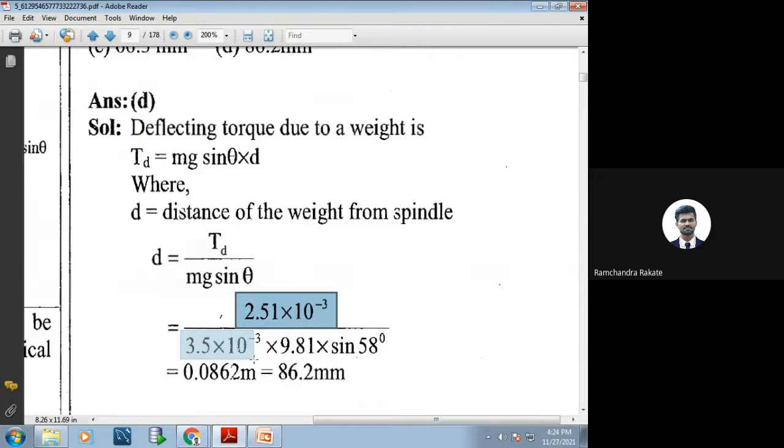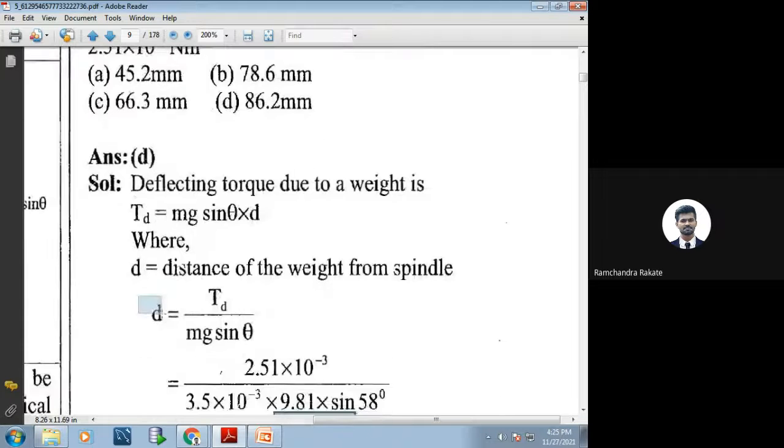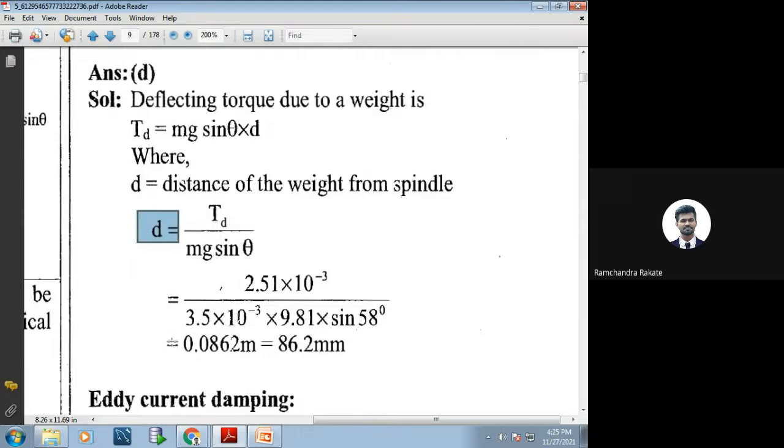Here the mass is 3.5 into 10 raised to minus 3, g is 9.81, and then we look for the value of sin 58 degrees. If you put the values in the equation, you will get 86.2 mm. This is in mm because we are finding the distance. Correct?